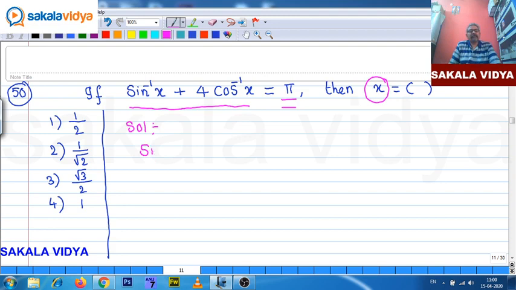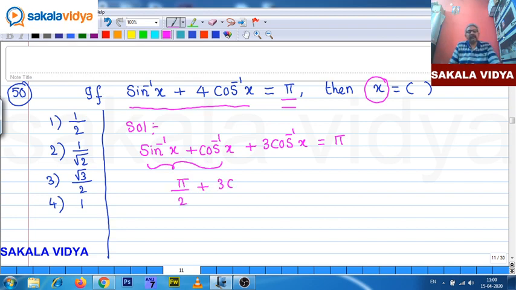So this can be written as sin inverse x plus cos inverse x plus 3 cos inverse x, where the value of sin inverse x plus cos inverse x is pi by 2. So, pi by 2 plus 3 cos inverse x equals pi.